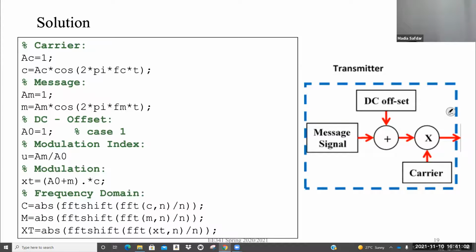Until here it was all t, which means time domain. All the things were in time domain. Here we are doing the same step which we did in the previous two classes. We are taking the Fourier transform of carrier, Fourier transform of message, and Fourier transform of x of t.